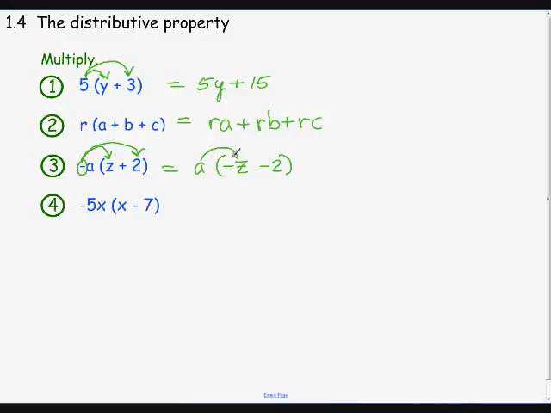And then I could go for my second pass, which would give me -AZ, -2A. How about this one? Let's just do this all at once here. This will be a -5, notice this, x squared, x times x, and a negative times a negative.